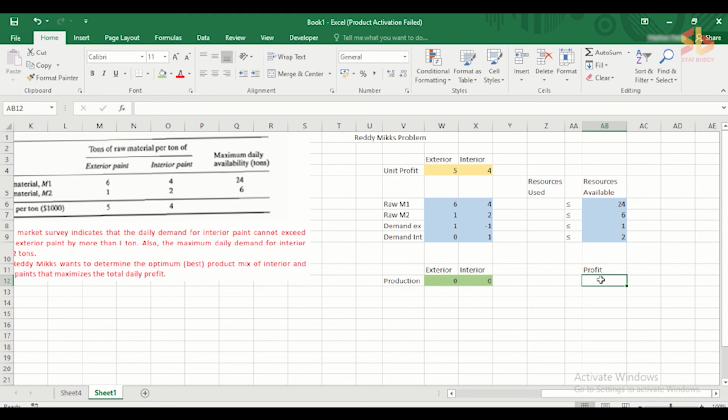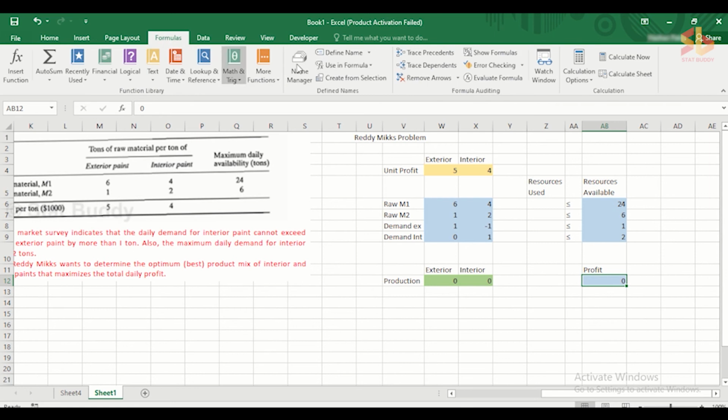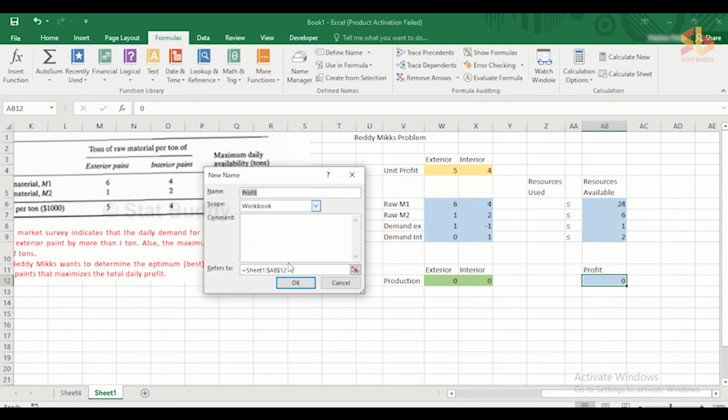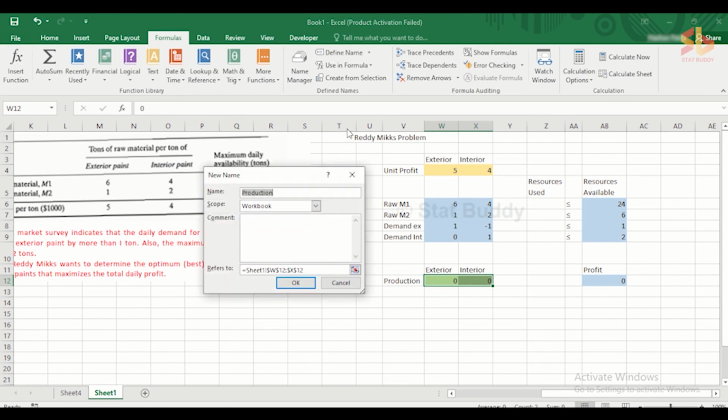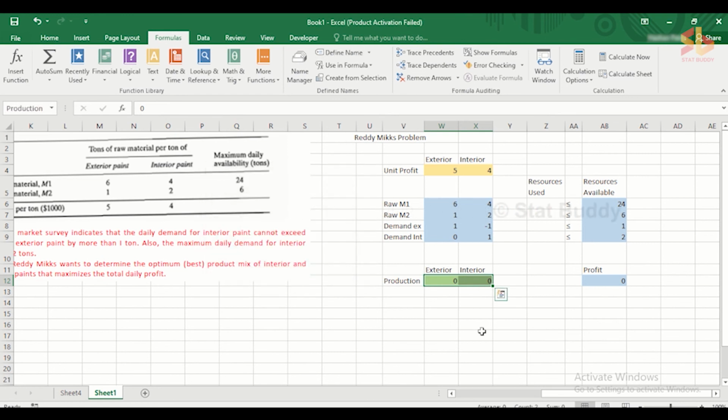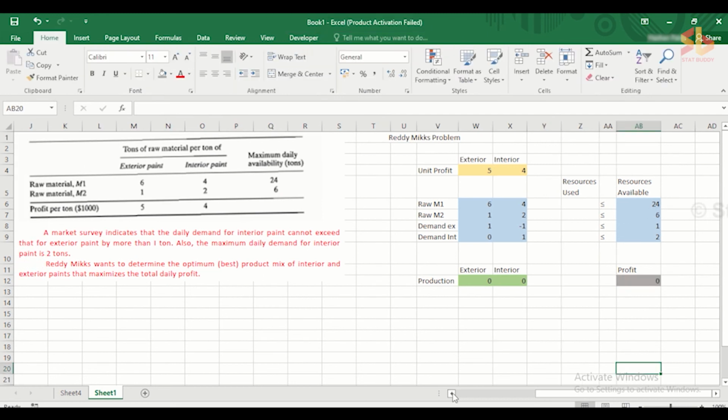This cell also, we don't know the value at that time, so it's better to name it using define names. And we have to name the production as well. So this range is production.